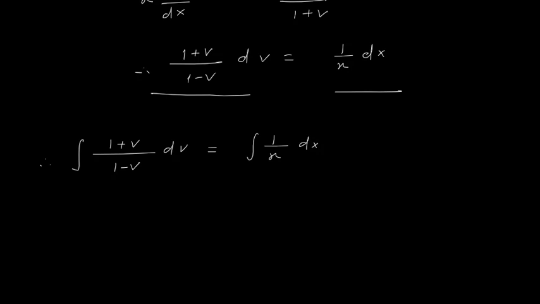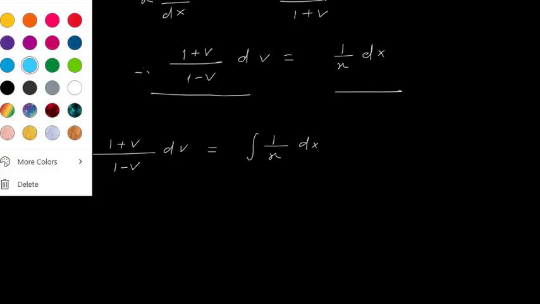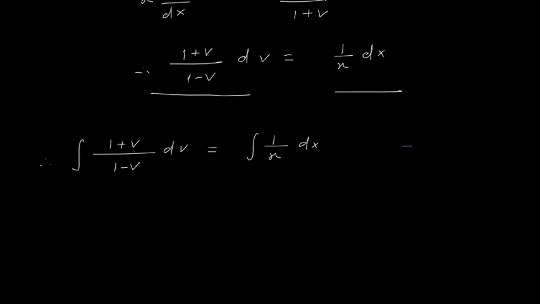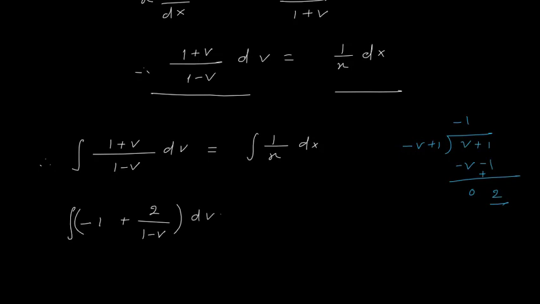Let us just divide here. We divide v plus 1 by minus v plus 1. So here I have minus 1, so this becomes minus v minus 1. I will subtract, so this will become 0 and this will become 2. So I will have here minus 1 plus 2 upon 1 minus v into dv is equals to integration of 1 upon x into dx.